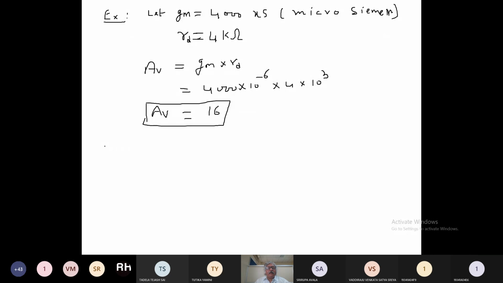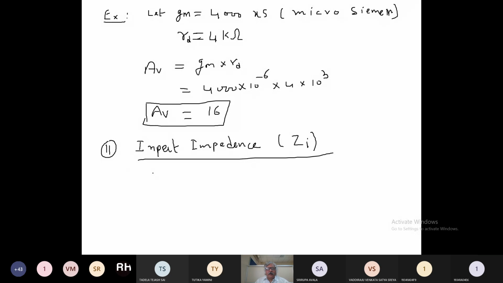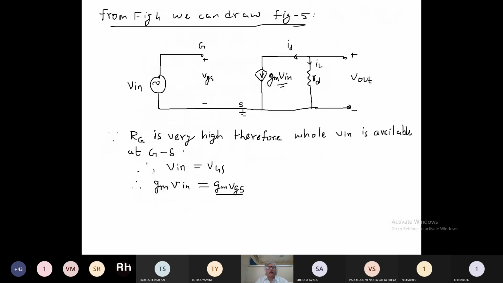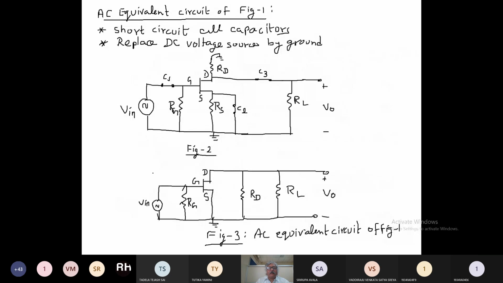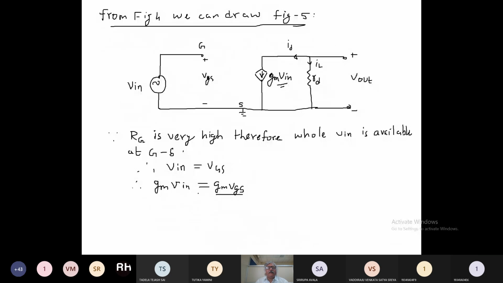Now we will see input impedance. Here you can see the input impedance, this RG, which is very high. That's why we have removed this RG.